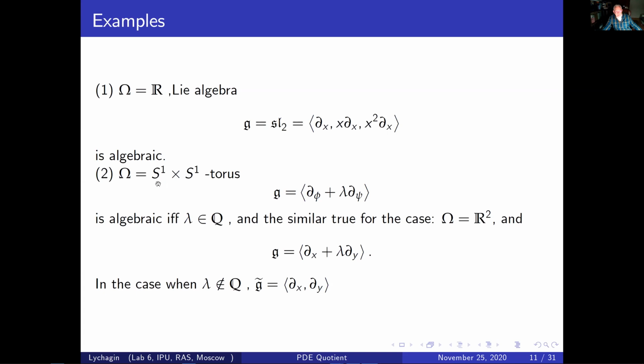If you take a torus as a product of two circles, then the vector field d/dphi plus lambda d/dpsi, if lambda is not rational, has orbits or trajectories that are dense on the torus. So we have no non-trivial invariants or first integrals of these vector fields.